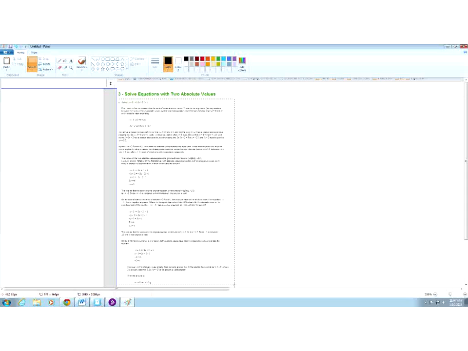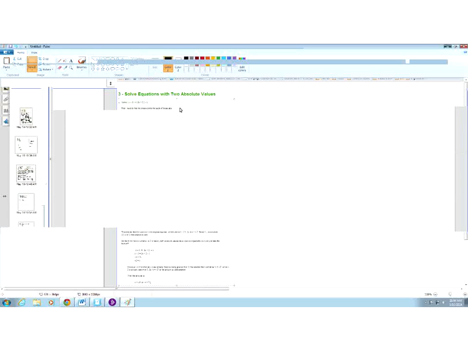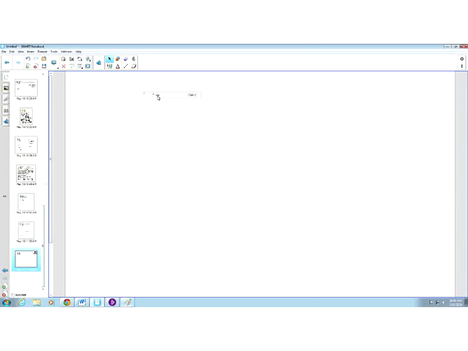So here's an example of how to solve equations with two absolute values.